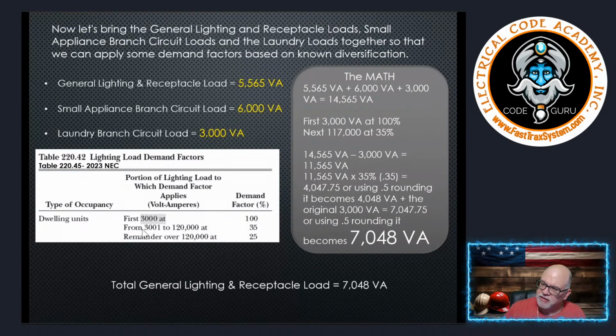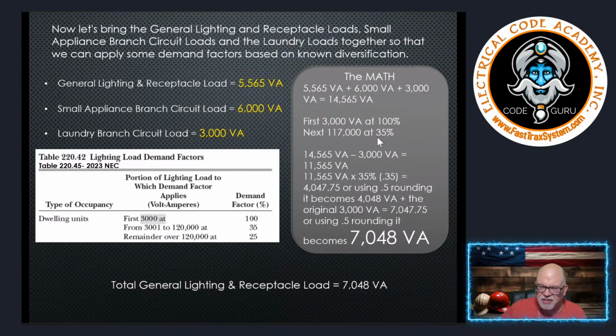Here you see it says the first 3,000 at 100%. So we know that of that 14,565, at least 3,000 of it is 100%. So we're going to take that 3,000 and set it aside. Now, from 3,001 up to 120,000, which our dwelling falls well below, so it falls right in there, we're going to take that remainder at 35%.